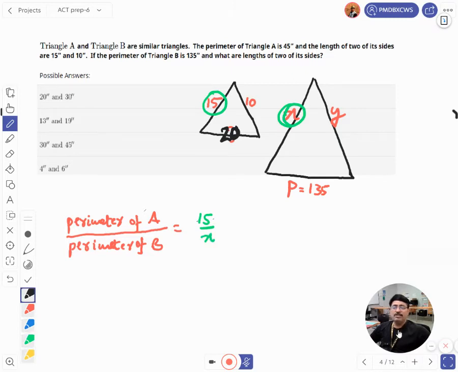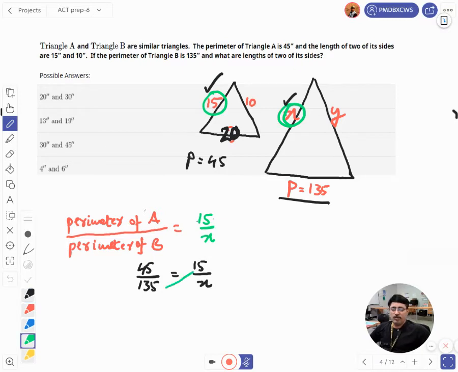So let me plug in these values. The first triangle perimeter is given as 45 inches. Therefore, this is going to be 45 over the second triangle perimeter, 135, equals the corresponding sides. Let me plug them in. So it is 15 over x. Now at this point we go for cross multiplication.